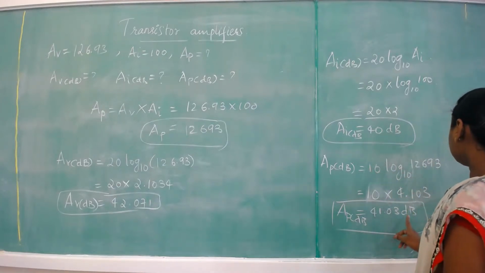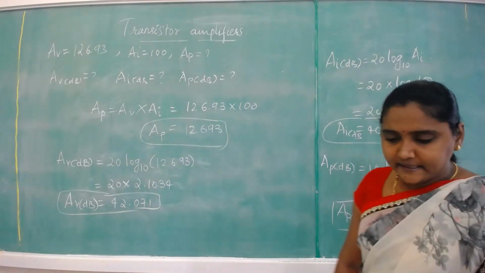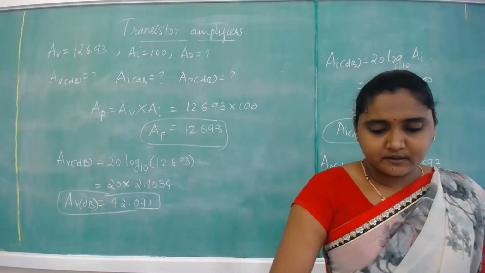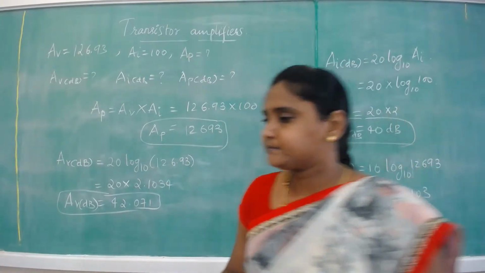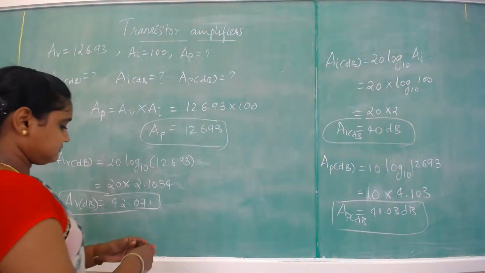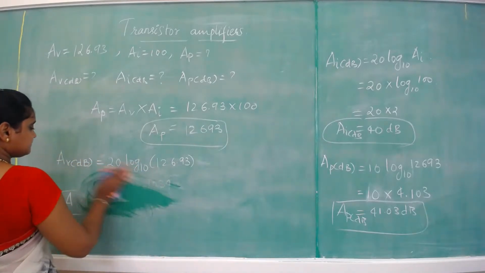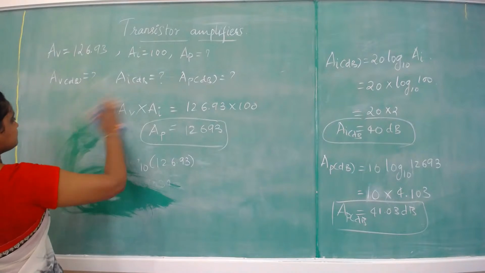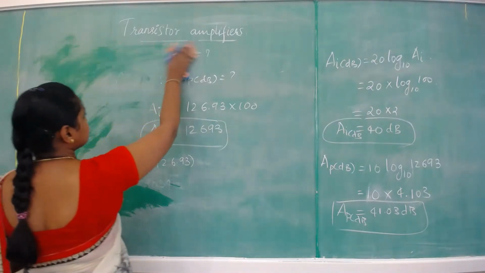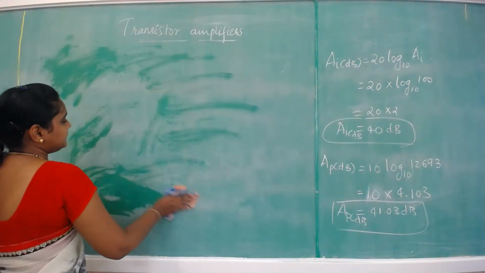This value is having 4.103, and that is going to give you a final answer of 41.03 dB for the power gain. So this is how the gain is represented in dB.